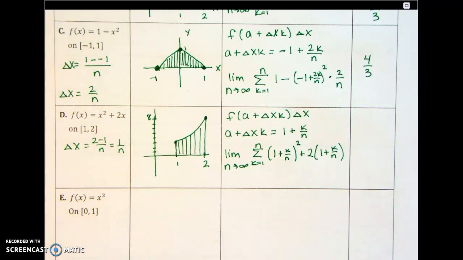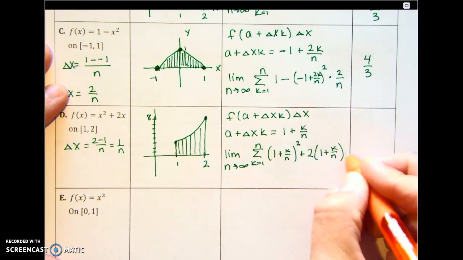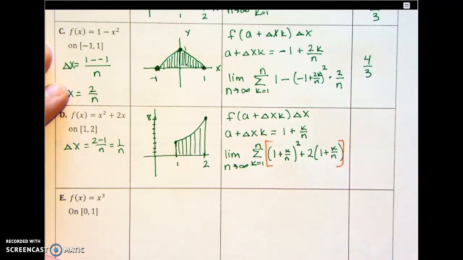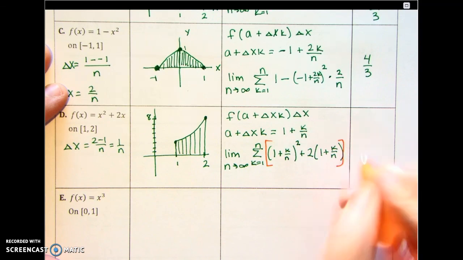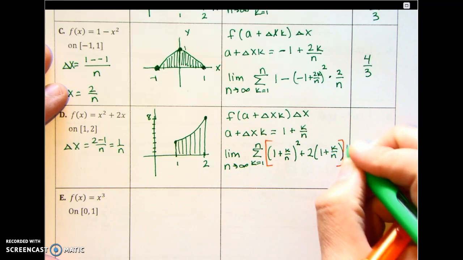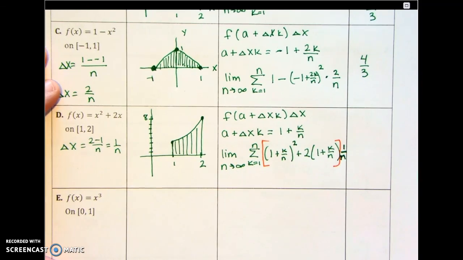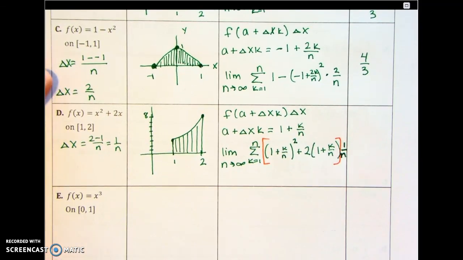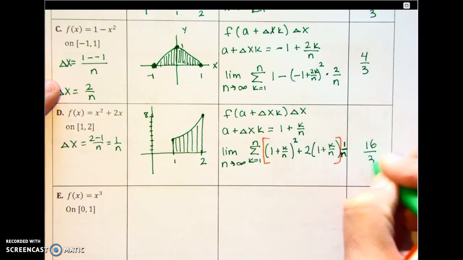And this is where in the calculator I made that mistake because I only multiplied it by this term. We need to make sure that all of this is being multiplied by delta x, which is just 1 over n. What's another way we could write it? Could we write all over n? Yeah, we could. But this is how it's normally shown. Do you see that little 1 over n there? Okay. Go and plug that in the calculator. See what you get. And that answer here is 16/3.